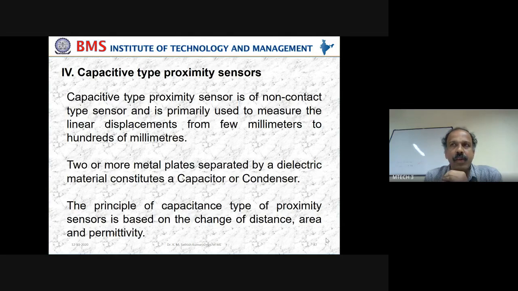Capacitors are devices which are mainly used to store charges. Using that concept of capacitance, we are going to develop the proximity sensors by understanding the concept of capacitor.